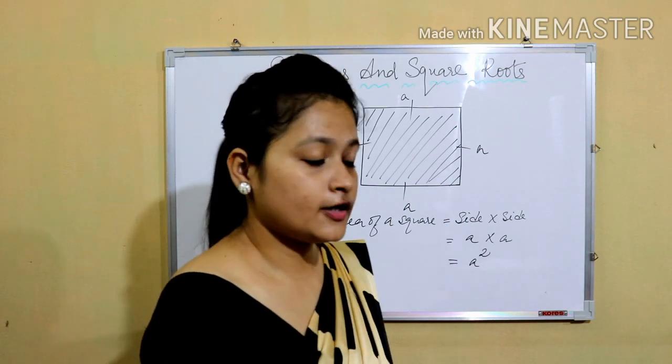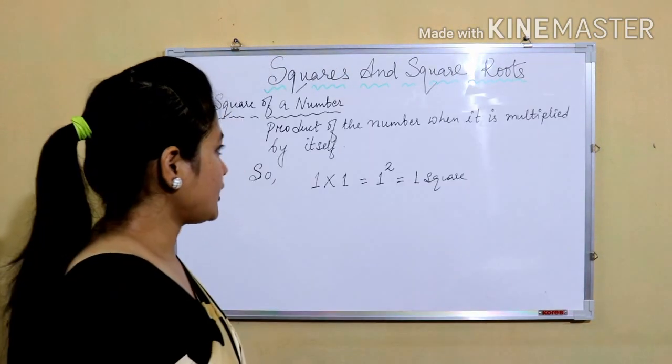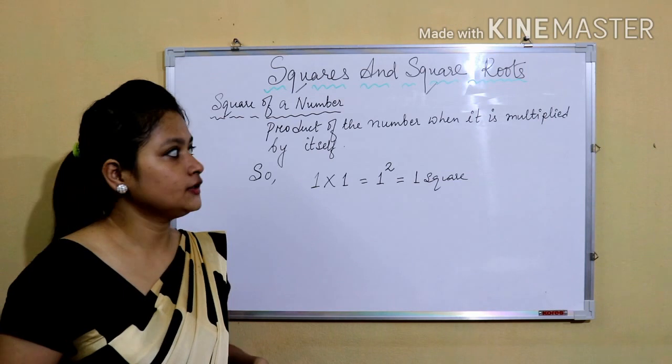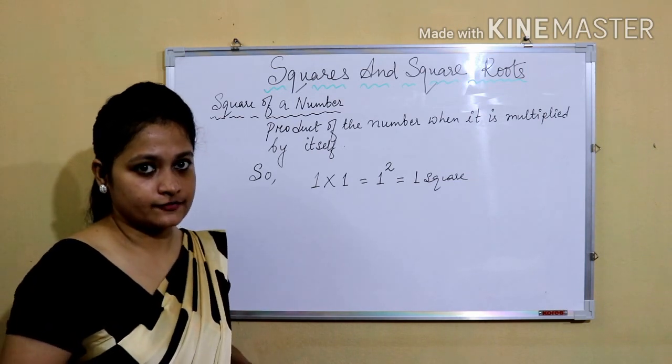Same way in the case of numbers. The square of a number is the product of the number when it is multiplied by itself.